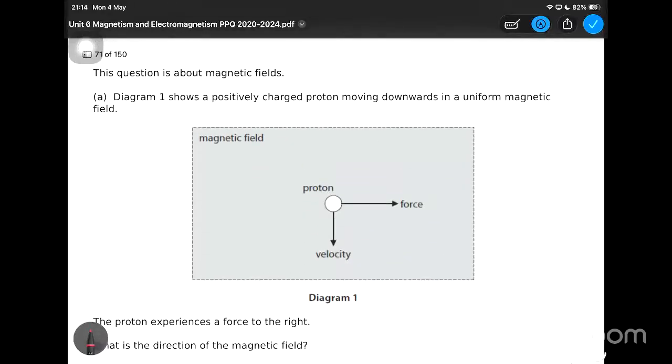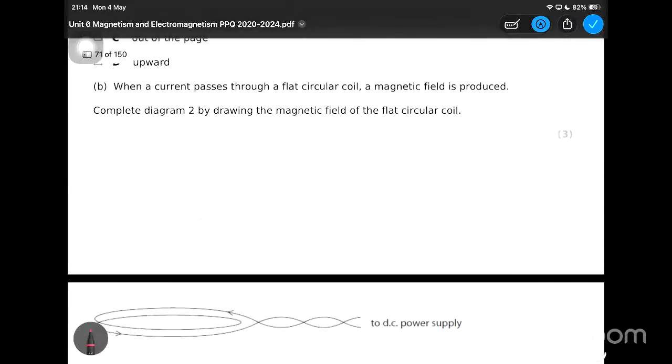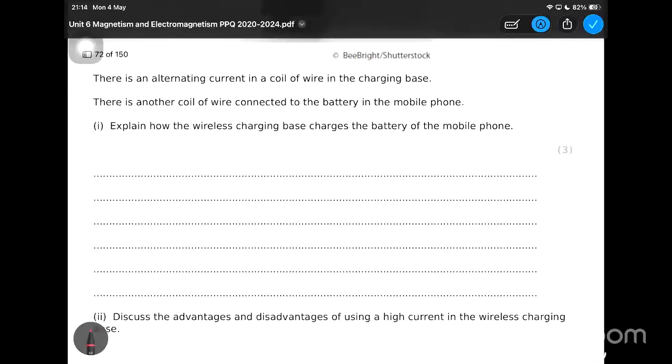I think we discussed this question 37 here.